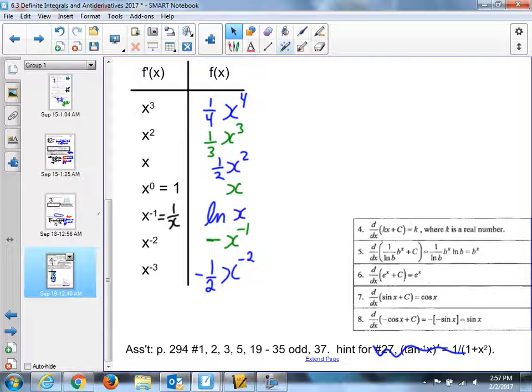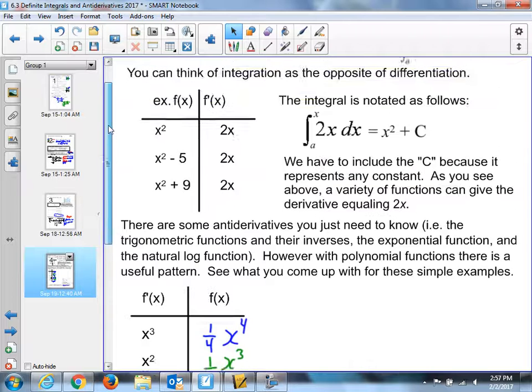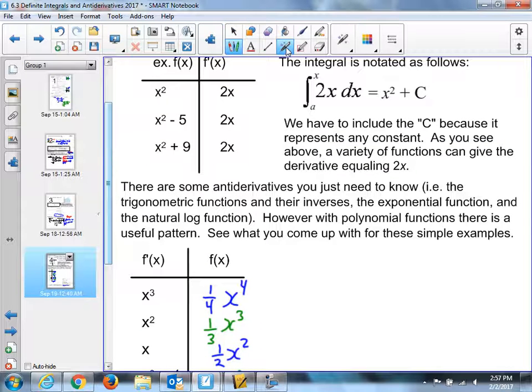Sorry, you were saying? So we put plus C on all of those, or no? If I'm just saying the antiderivative, we can just say 1/2 x to the -2 and so on. Plus C is if I'm actually doing the indefinite integral or the actual integral. So here's what you're getting at. This is the full answer to this integral, right?